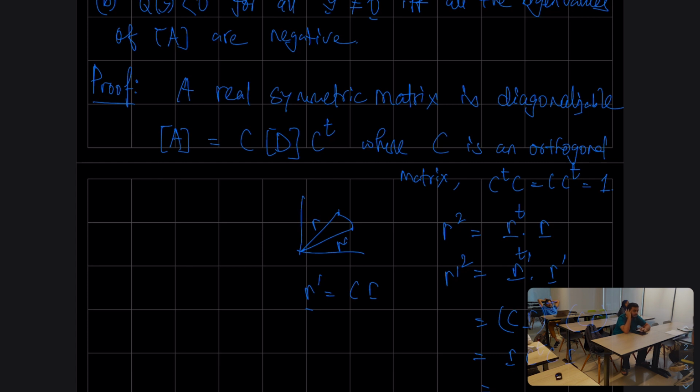I haven't done anything with its length, so it should be the same. That's what prompted this definition. So if you demand that C is such that this is true, then this must be 1.